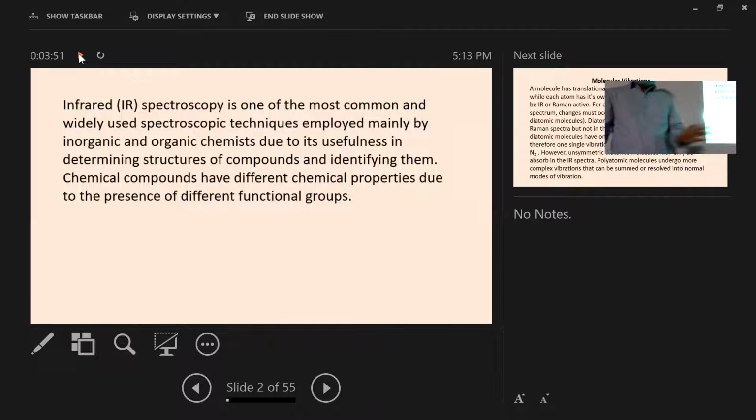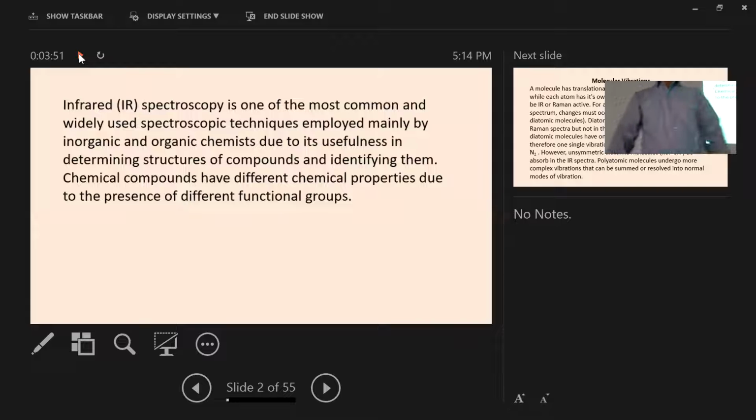So in the first case I mentioned, we have to use two different techniques, mass spectrometry and infrared spectrometry, to determine the structure of these two molecules, either this or this. But if you have the infrared spectrum in the fingerprint region, then you can easily find out whether it is this one or this one.